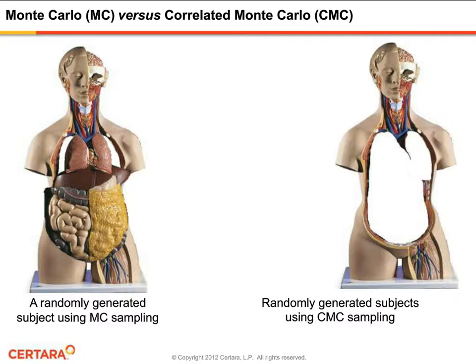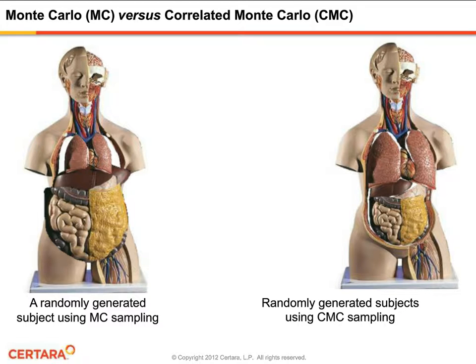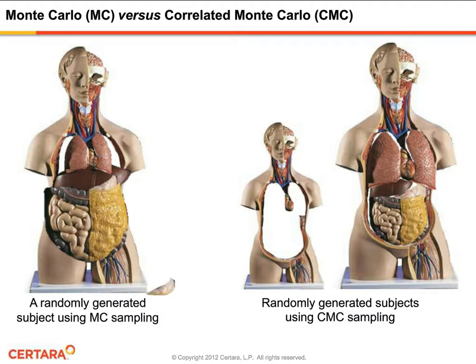However, in this individual on the right-hand side, you can see that all of the organs fit appropriately in an adult and also a pediatric subject. And this is what we mean by a correlated Monte Carlo approach. So even though we're sampling from these distributions, where possible, we're trying to correlate these with age or body surface area so that we end up with appropriately sized individuals.